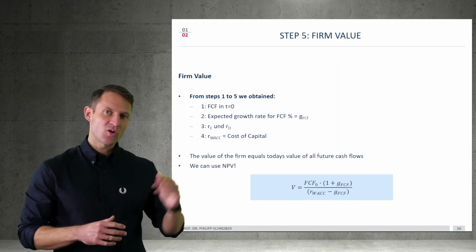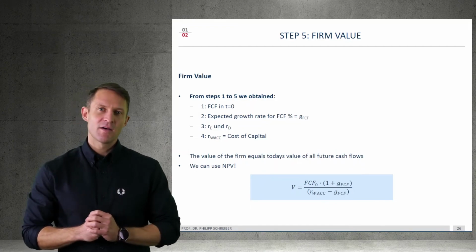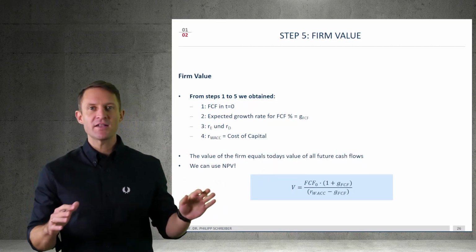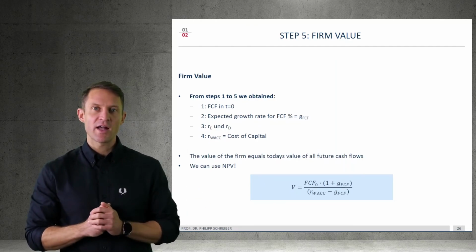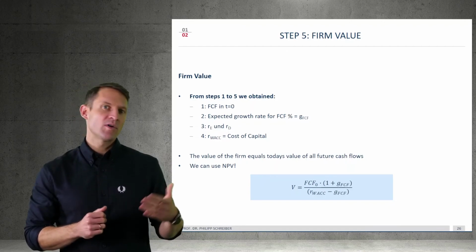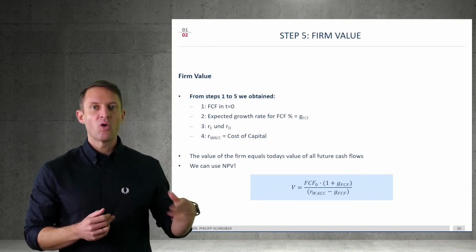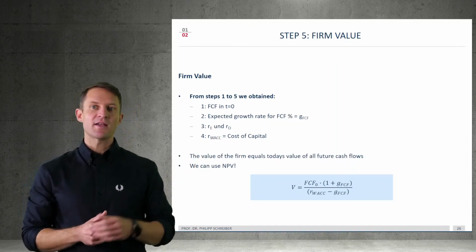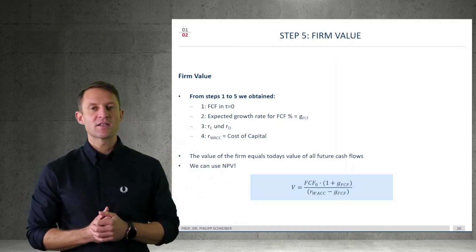We talked about it a long time ago. A perpetuity is a cash flow that goes on forever, never ends. And we have a formula to calculate today's value of such a cash flow, either if it is constant or if it grows by a constant rate. And in this case, it grows by a constant rate. The constant rate is what we obtained in step 2.